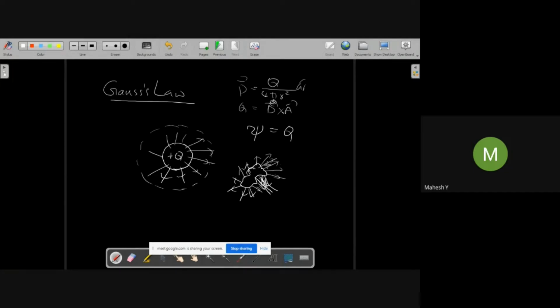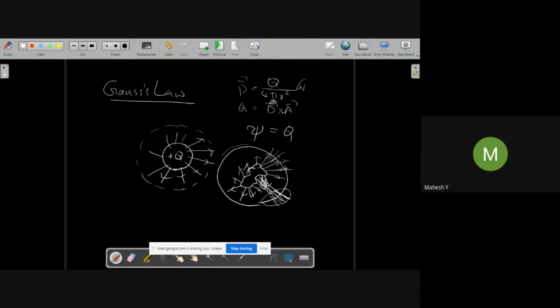For this irregular shape, if you enclose it with a spherical shape and count the number of flux lines passing through it, in this region more density is there, so more flux will pass through.